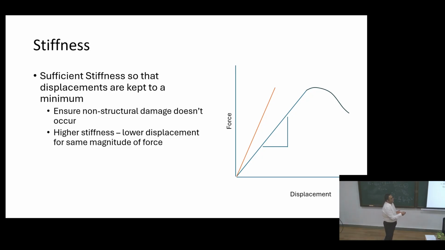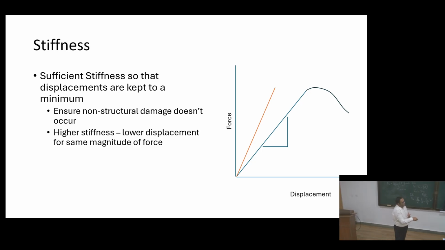A less stiff building will, for the same force, let's say if we pick a point here, have more deflection, and the stiffer building will have less deflection. The stiffer building will ensure that your non-structural elements are not damaged that much, because the building is not going to drift that much, so your non-structural elements are protected, which is a consideration.